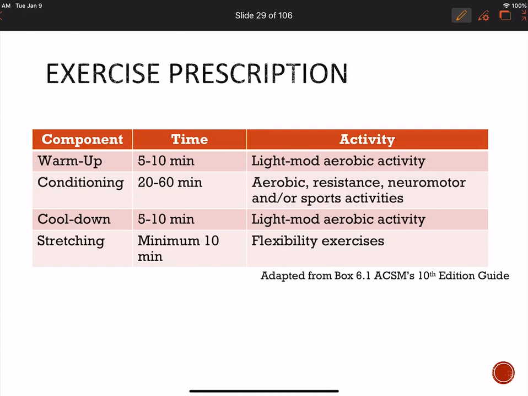So when you put this all together, that 5 to 10 minutes of time to do a light to moderate aerobic activity to warm the body up can be critical in patients that have any kind of compromise to their cardiovascular system, any kind of constriction in their pulmonary system, or neural impact that might be slowing conduction or not having a great connection between the nerve and the muscle.